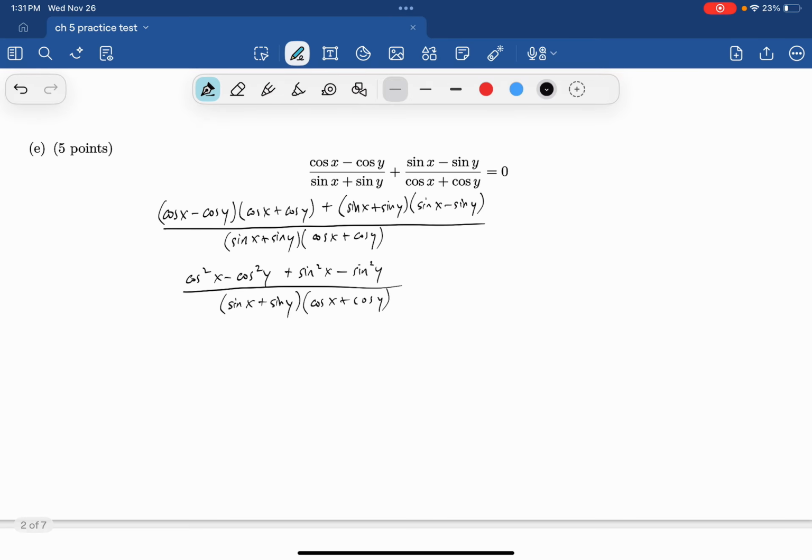But now we can notice that we can actually group these in a pretty meaningful way, right? We can group this with this, group that with that. So this is actually just cosine squared x plus sine squared x minus cosine squared y plus sine squared y, all over the denominator.